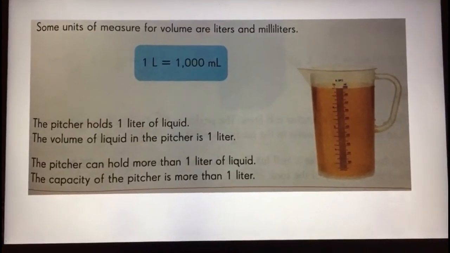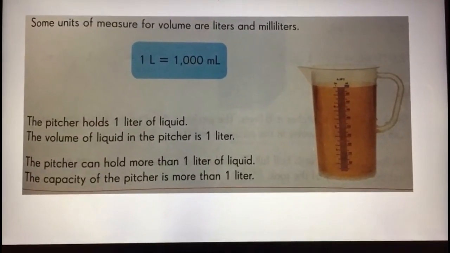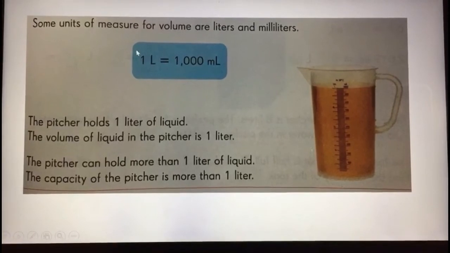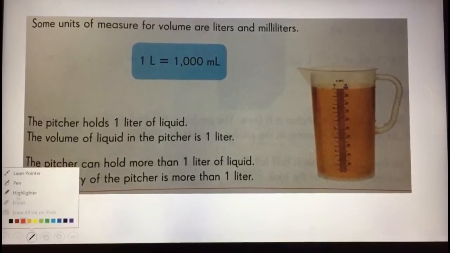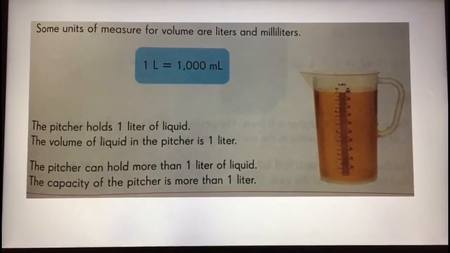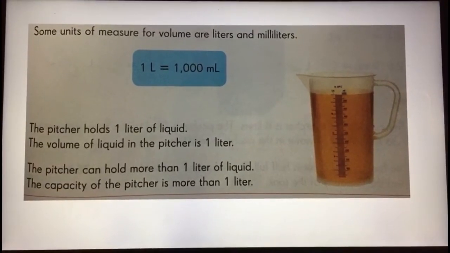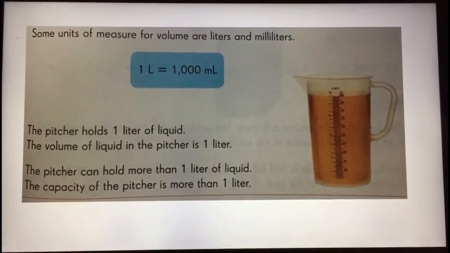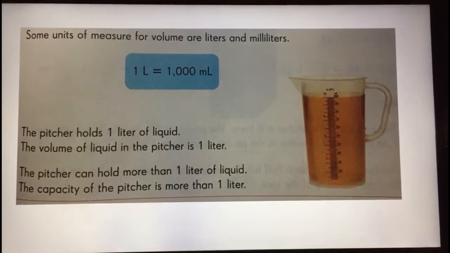Later in the chapter, we are going to talk about volume. Some units of measure we use for volume are liters and milliliters.